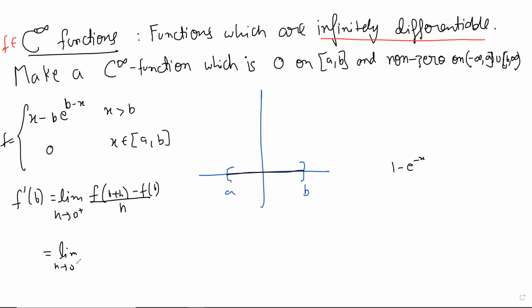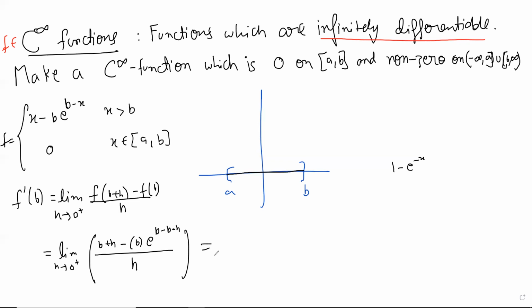So what will it be? F of b is certainly 0, that's written. F of b plus h is b plus h minus b, e to the minus h, by h. Am I doing it correctly?